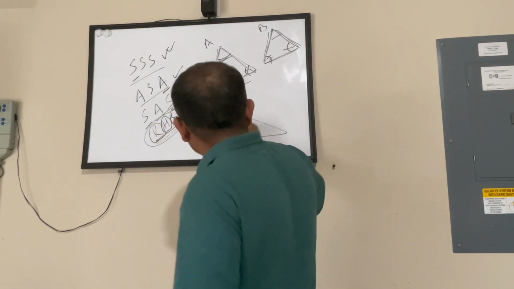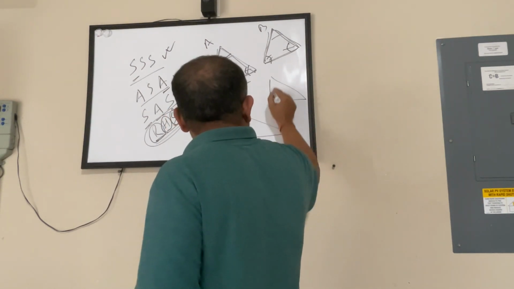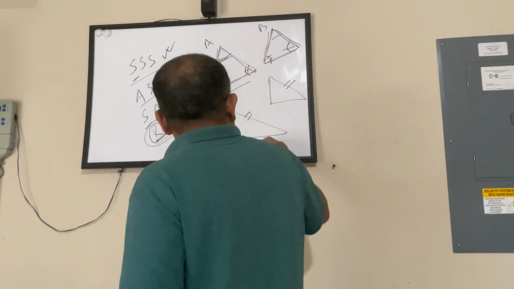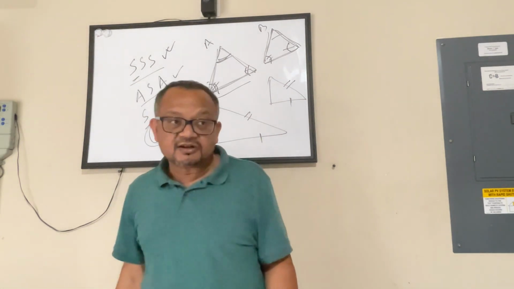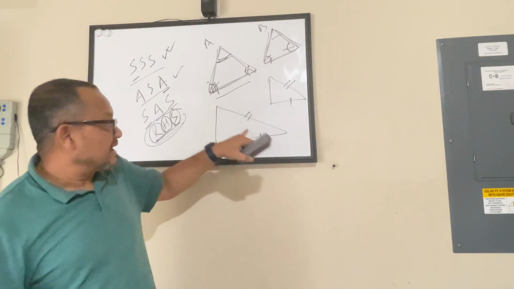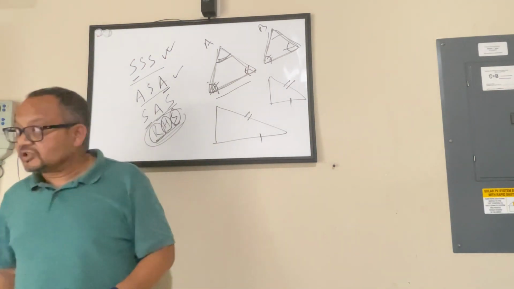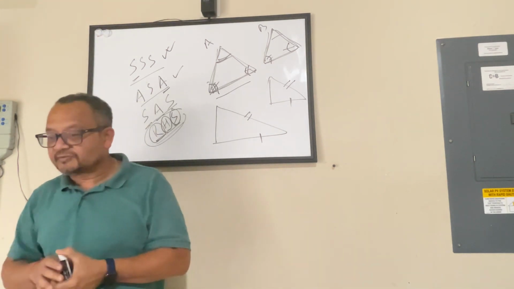It says if there are 2 right angle triangles and the hypotenuse are matching and one of the sides is matching, then these 2 triangles are congruent, meaning the other side will also be of the same length and the angles will also match. So these are the 4 theorems for congruence of triangles.